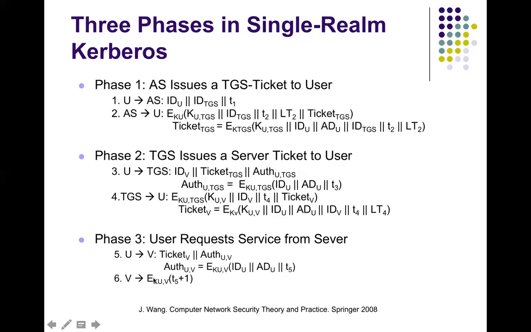So this Kerberos, we can think of it as some sort of a handshake, but it establishes authentication. Kerberos is finished, and user U is now allowed to use the service provided by server V. Again, as you see, the protocol itself is not hard technically.